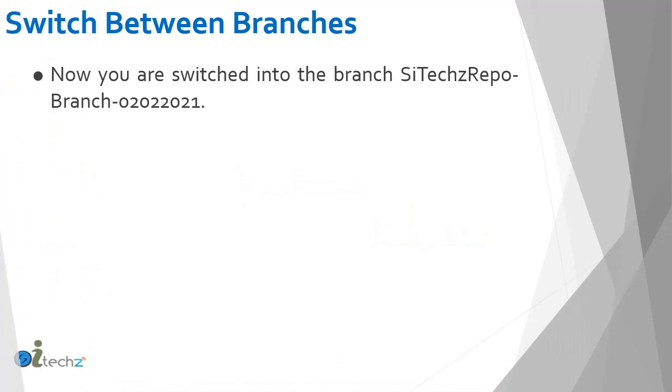Now you have successfully switched into the branch SiTechz repo branch 020222021. This means whatever changes you make will be pushed into the branch SiTechz repo branch 020222021 instead of being pushed to the master branch.